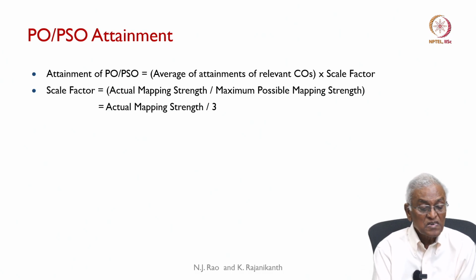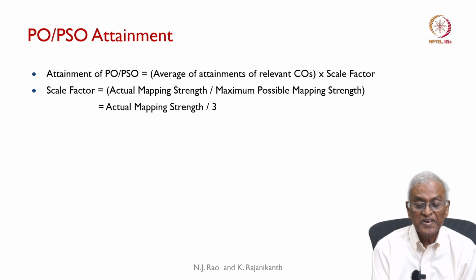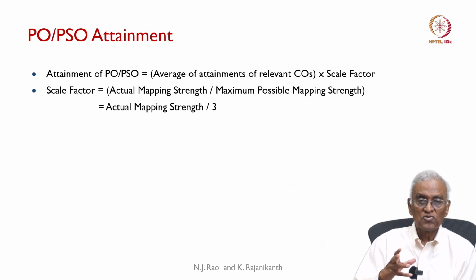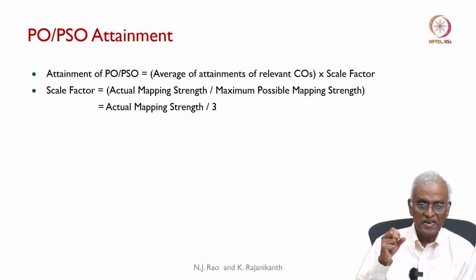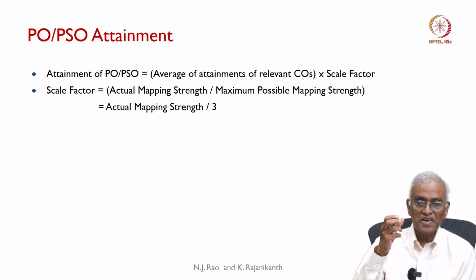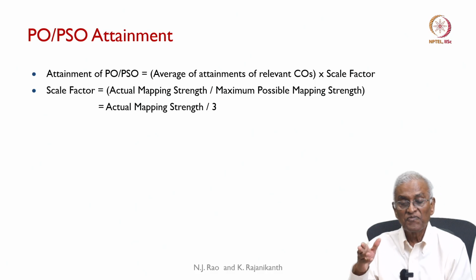How do we do that? Attainment of PO-PSO is the average of the attainment of the relevant COs. Let us say out of 7 COs, only 4 COs are addressing a particular PO. Then I compute the attainment by taking the average, but then I use a scale factor.